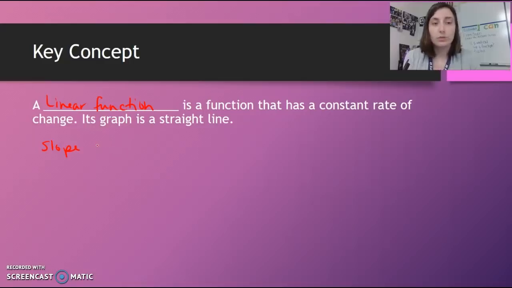So slope is the ratio between vertical change and horizontal change.